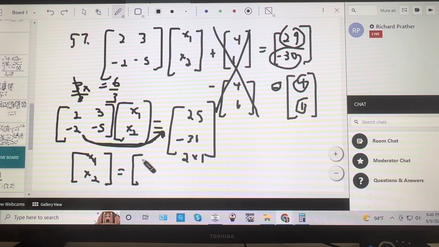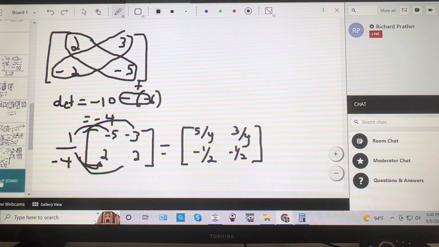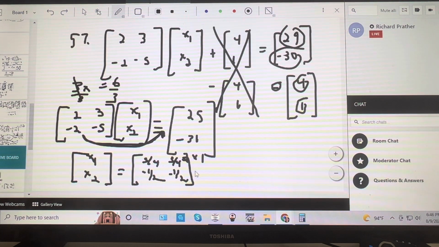So if I were to put 5/4, 3/4, and negative 1/2 and negative 1/2, if I remembered all those correctly, 5/4, 3/4, negative 1/2, negative 1/2, times this 25 and negative 31, this will produce the answer as well.